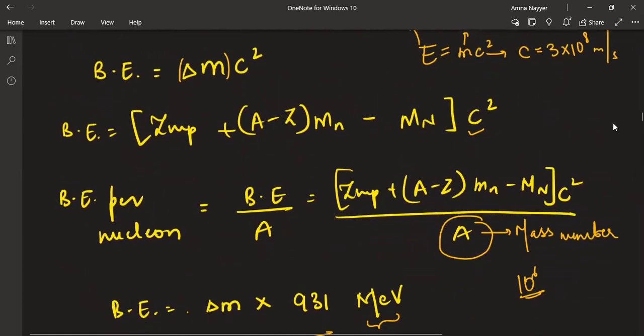So you multiply mass defect into C square or by 931 mega electron volts to get your binding energy. And if it is binding energy per nucleon, then you divide it by the mass number. Am I clear till here to all of you? Yes, ma'am. Okay, note it down.